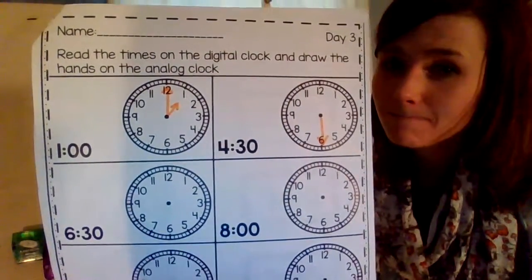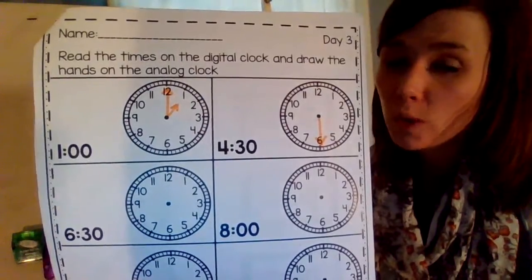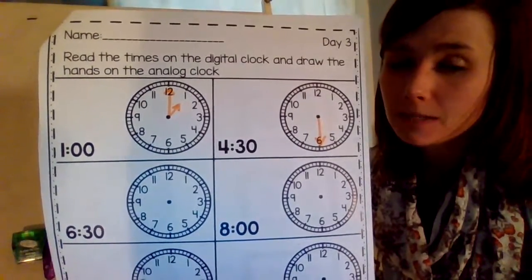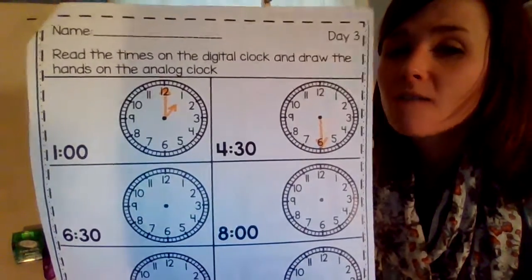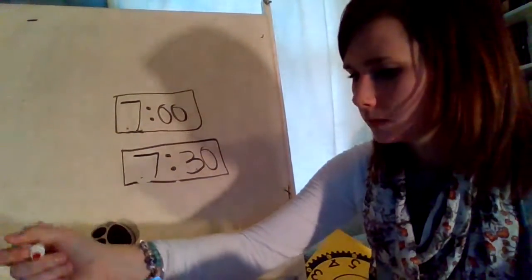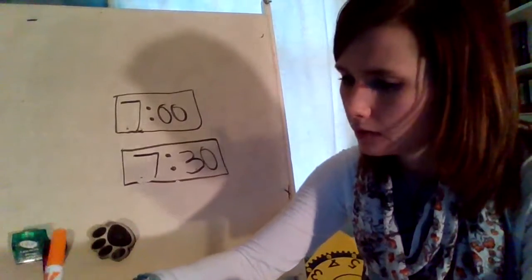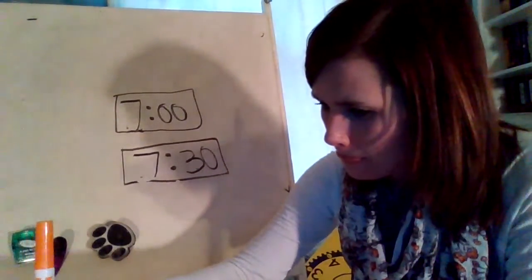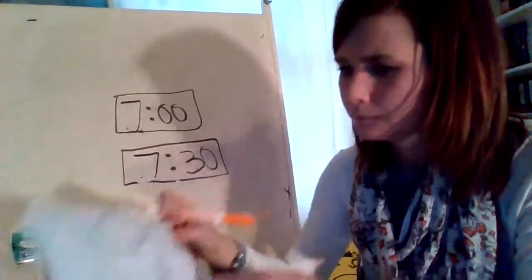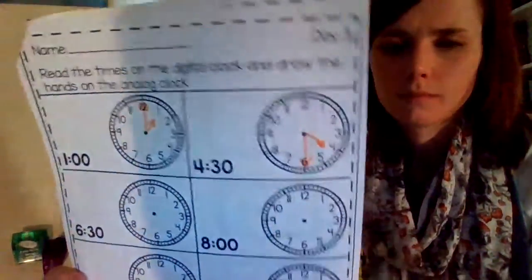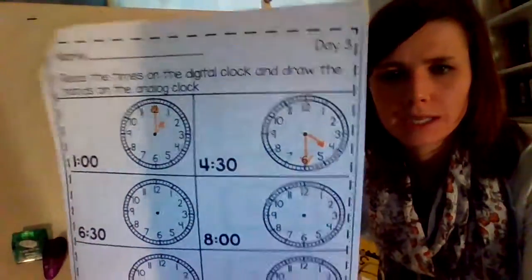That little hand is going to be in between, right? On a 30, it's going to be in between the 5 and the 4. Oh, here it is. And the 4. Nice job.